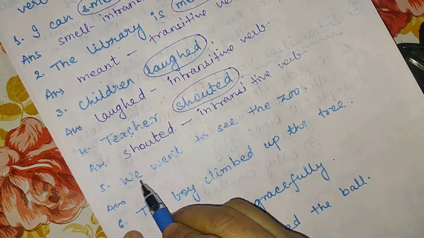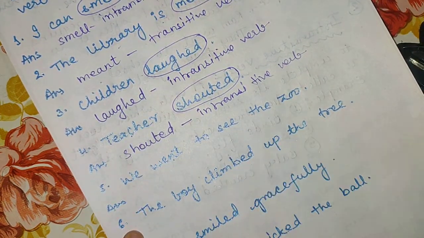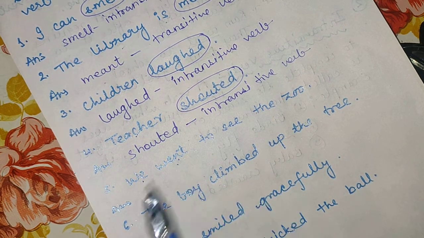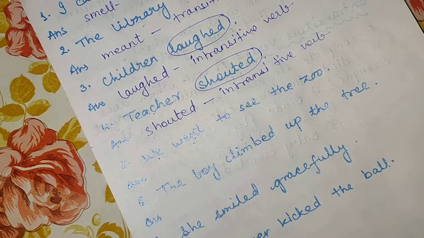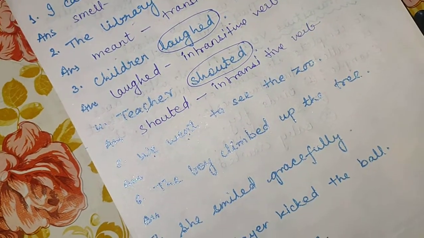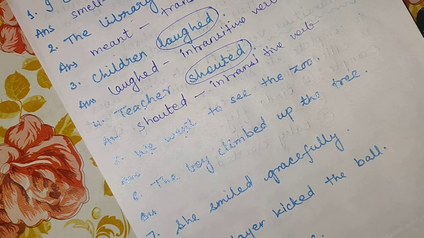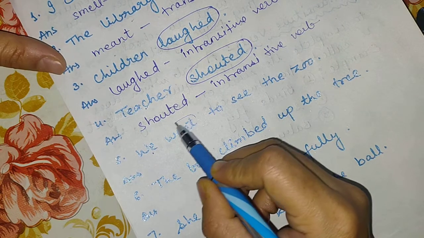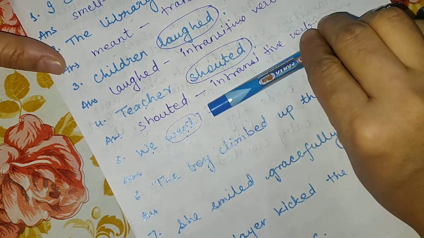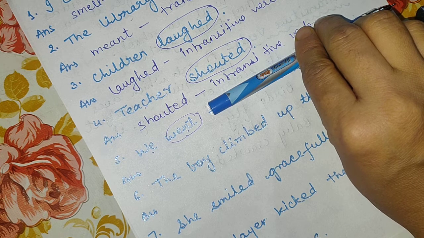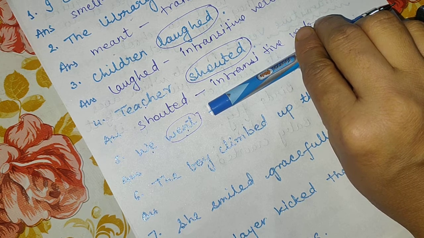Next is: we went to see the zoo. Now we is your subject, went is your verb. If I just say we went, we don't know we went where, we don't know the place.